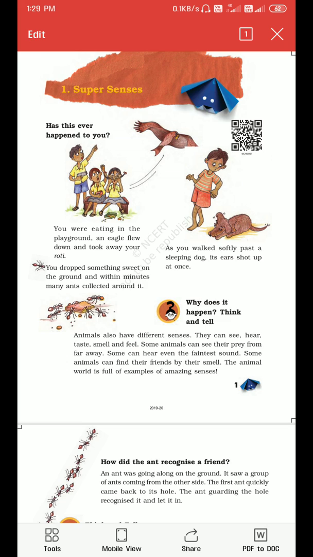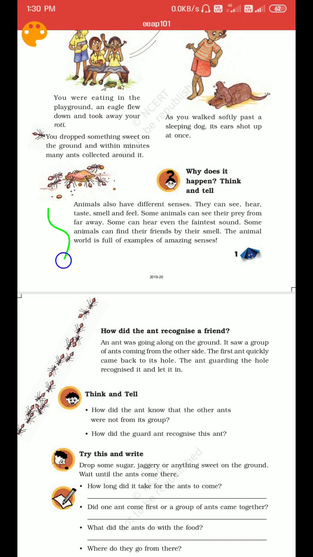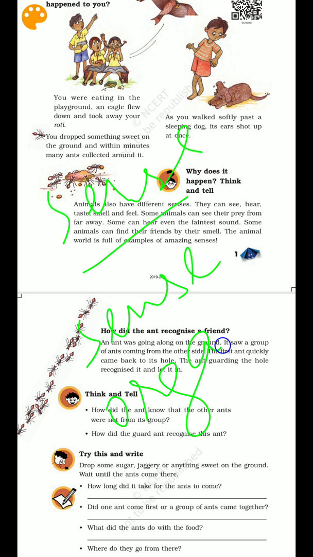Okay, so in these examples you can see that there are some kinds of senses which, with the help of a sense organ, give information about the given substance or the particular object. So first, what are senses? Senses are the physical processes during which our body gets information with the help of sense organs.